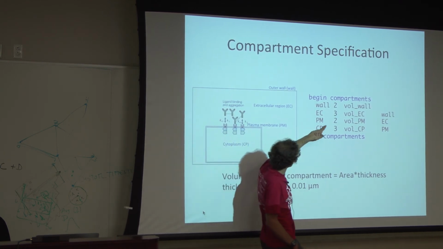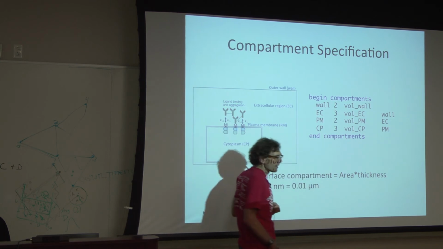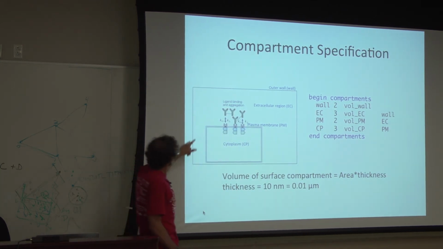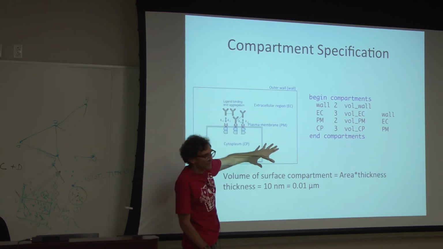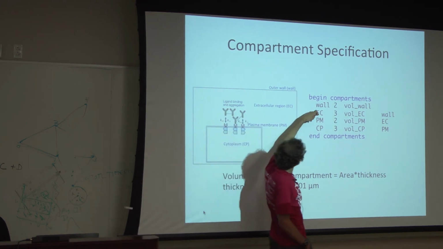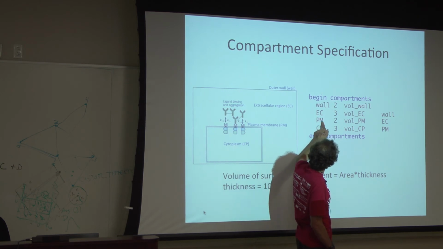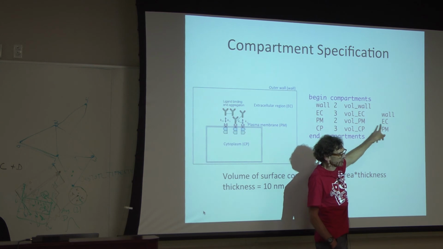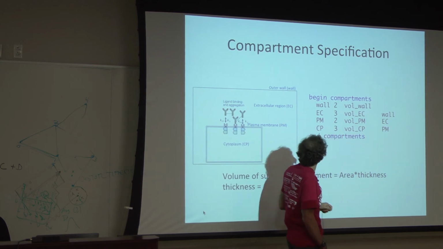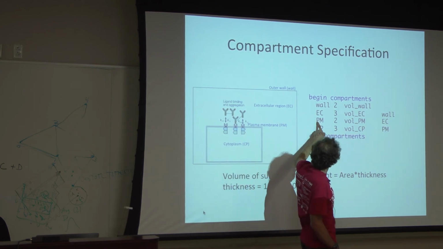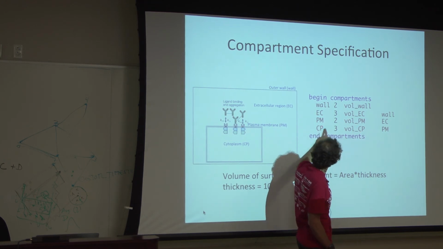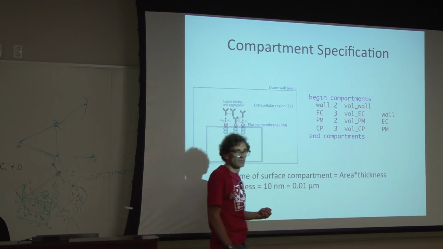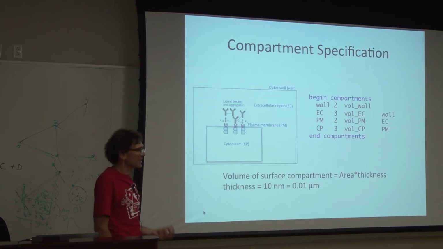So we can see that we can nest multiple surfaces inside one volume. We can't have multiple volumes inside one surface. So when we go from 3 to 2, we could have PM1 be inside of extracellular, and we could have a PM2 inside extracellular, and so on. But when we have a cytoplasm, we can't have multiple cytoplasms inside of one plasma membrane. It's just a fundamental topological relationship.